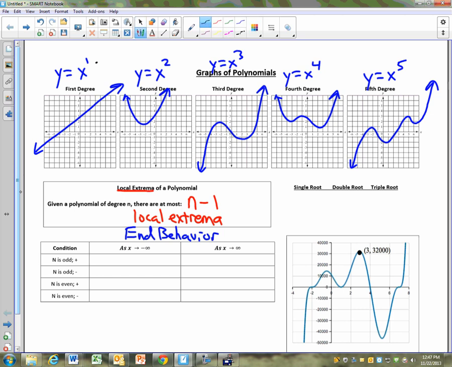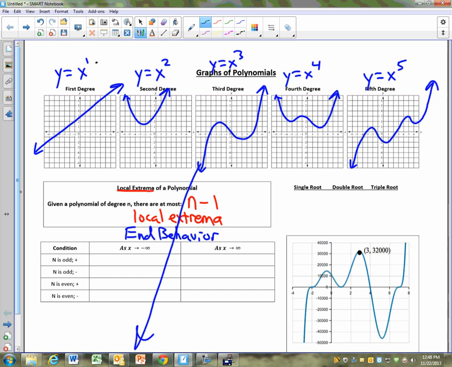So if I march my x values out this way, as I go further out this way, what happens to the y values? They drop. Everybody see that? As my x values go out here, my y values go even further down there. If I were to draw this blue line and really extend it, you can see that as x goes out this way, y drops, and it drops really quickly.